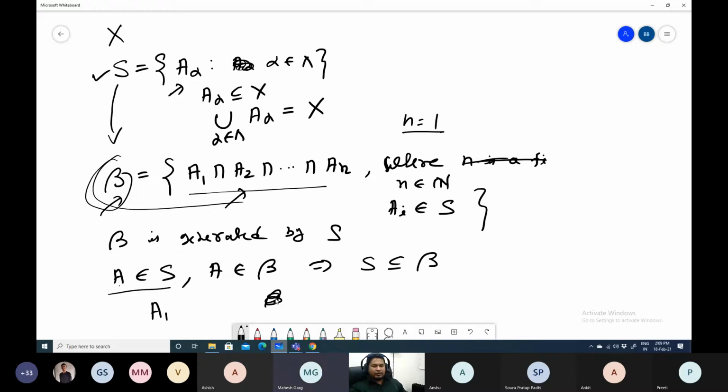So the topology generated by that basis should be finite. But if you have a countable basis and you are taking all possible unions, the unions may be countable or may not be.